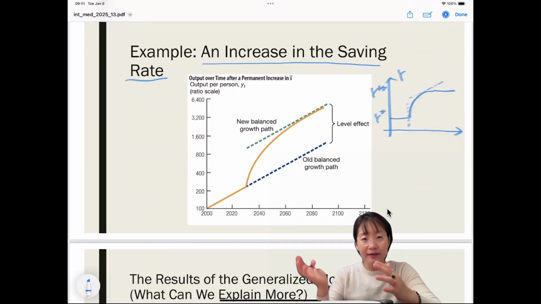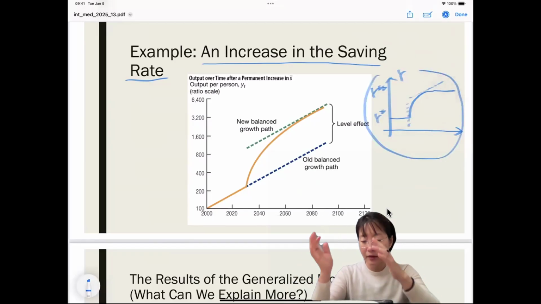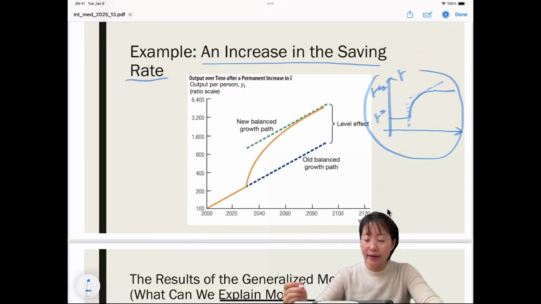We just tilt this kind of transition dynamics a little bit. So rotate this one counterclockwise, then you have the transition dynamics of this new combined model.